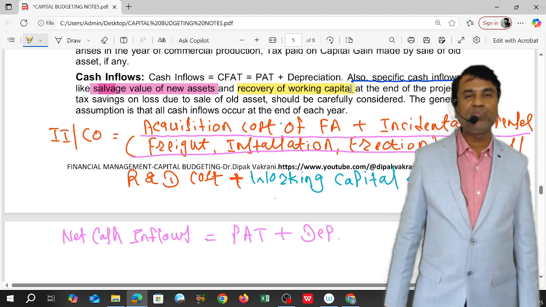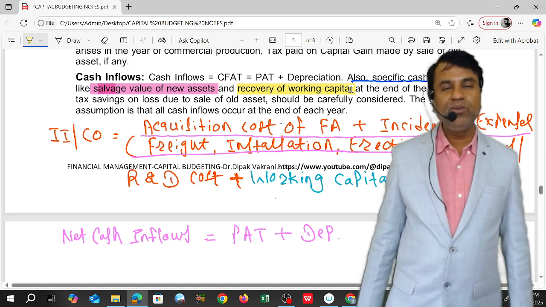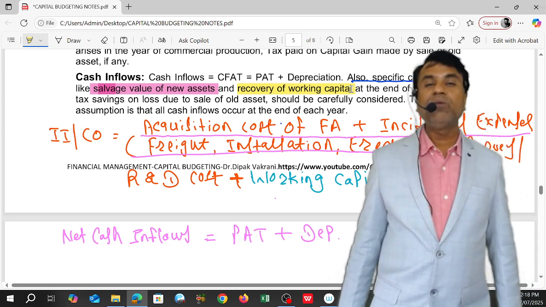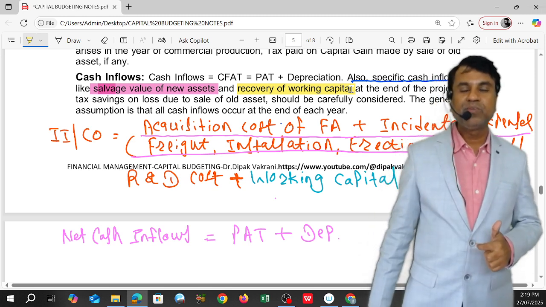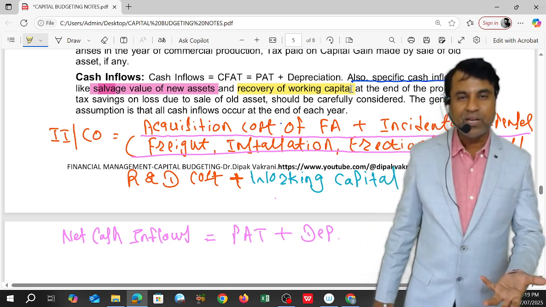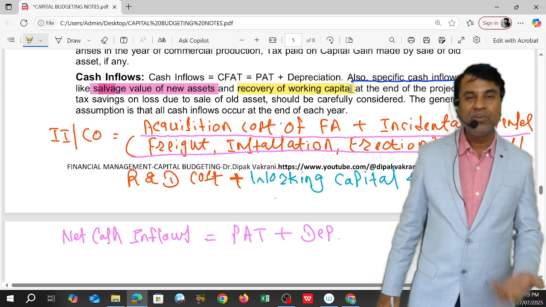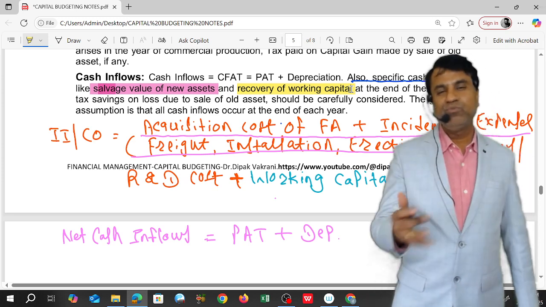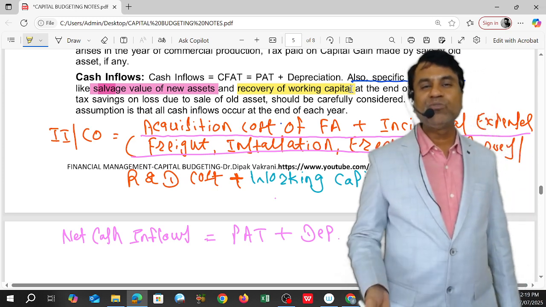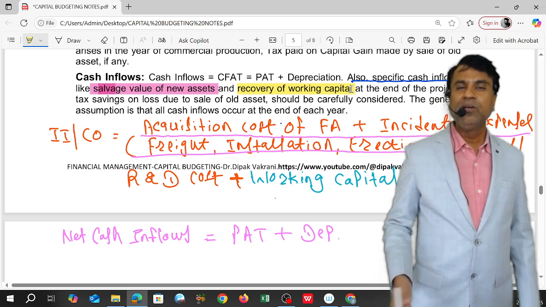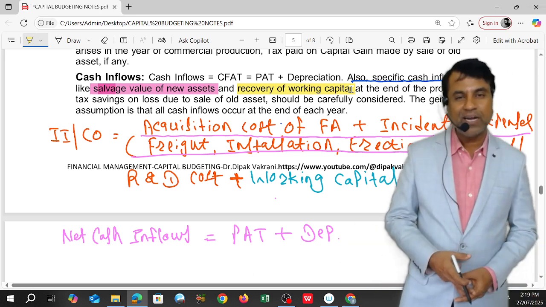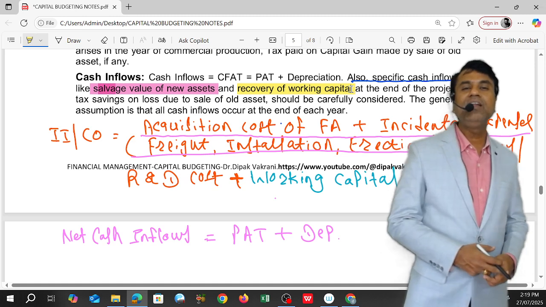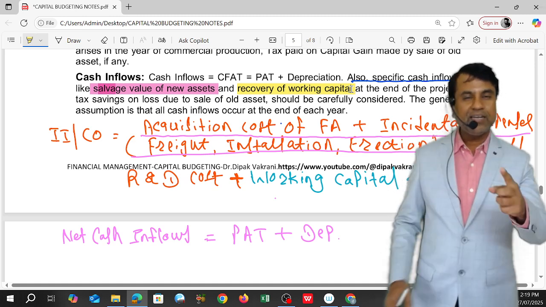Number one is residual value, salvage value or scrap value of the fixed asset, which is at the expiry of the fixed asset's economic life or project's economic life. And second is working capital, which you have invested first, now it is going to be released. Why? Because as the project life is over, this extra amount of working capital comes back to the businessman. Hence, release of working capital should be done at the end of economic life.